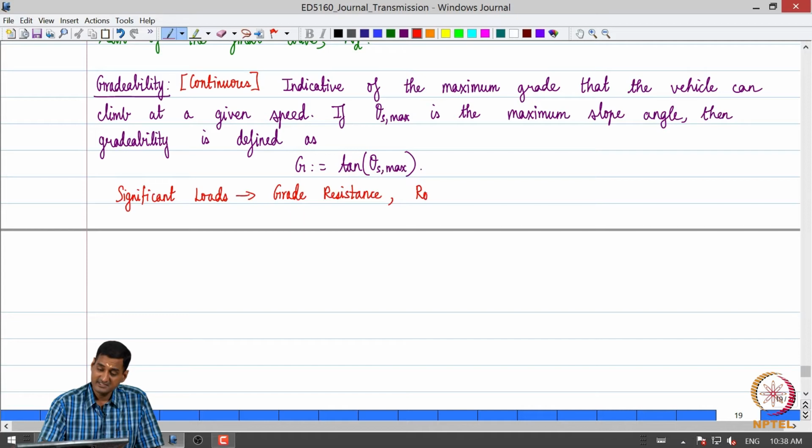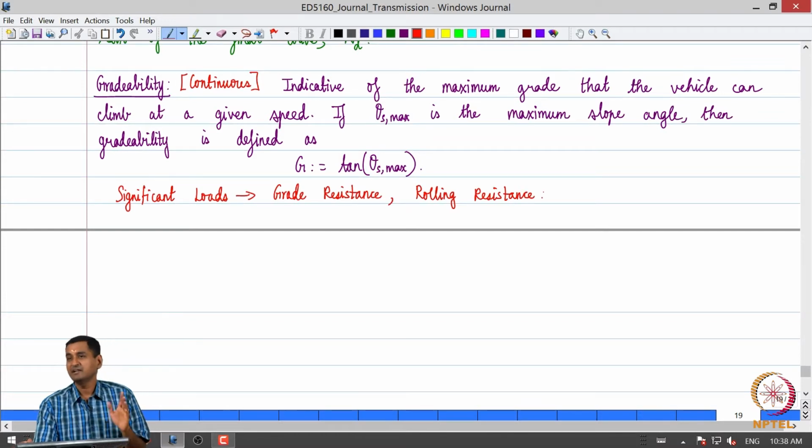So rolling resistance would be there. Aerodynamic drag, as I mentioned, for most vehicles becomes reasonably important at mid and high speeds. Typically when you are going on a grade, you design for low speeds. Consequently it is a reasonable assumption to neglect aerodynamic drag for this particular calculation. If you want, you can include it; some people will include it, some people may not.